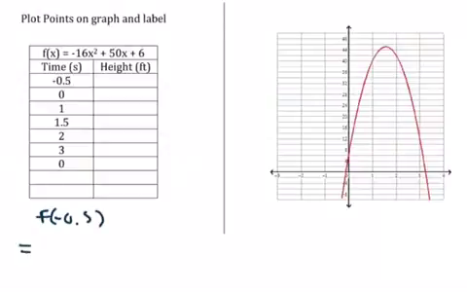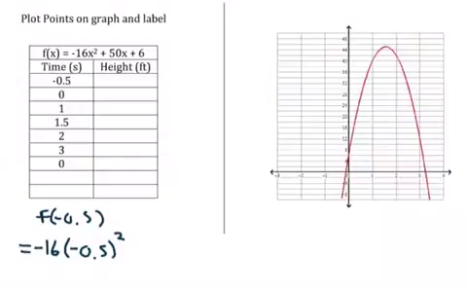So this is equal to negative 16, and we've got x squared, so I need to put parentheses, negative 0.5 squared. Now a heads up, if you do not put the parentheses around your negative sign in your calculator, your answer will not be correct. So if you're using a calculator to evaluate this, make sure that your negative sign is inside the parentheses here.